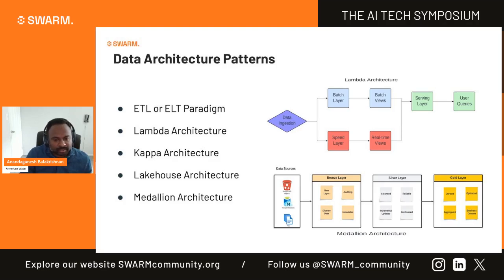And the medallion architecture has different layers like bronze, silver, gold, where raw data goes into the bronze layer, the transformed data goes into the silver layer, and the aggregated business data goes in the gold layer, where the business users can query.